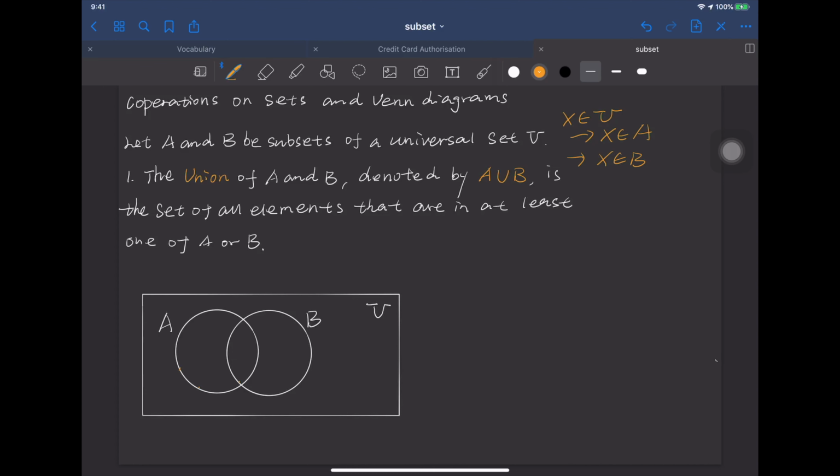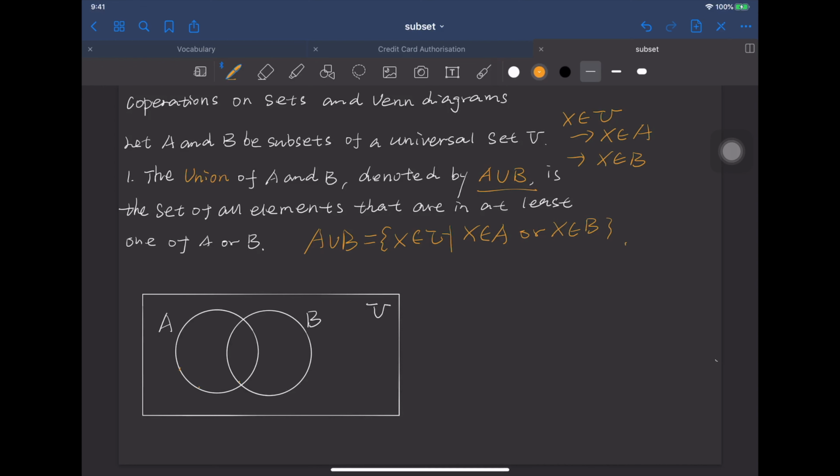The first operation is the union of A and B, which means we collect all elements of A and all elements of B together into our new set. The new set A union B indicates that if we have an element X in our universal set, then this element is an element of A, or an element of B. It can be illustrated by Venn diagrams.